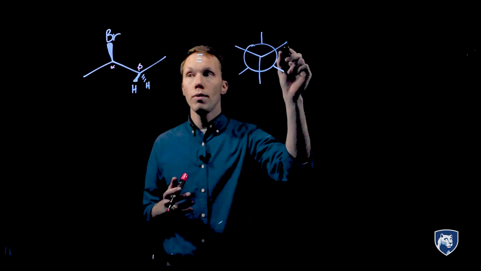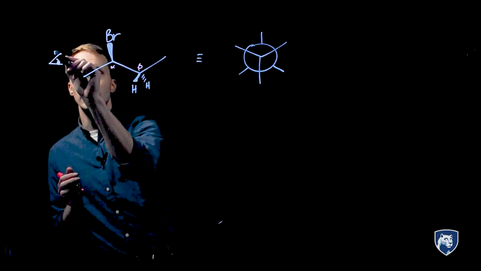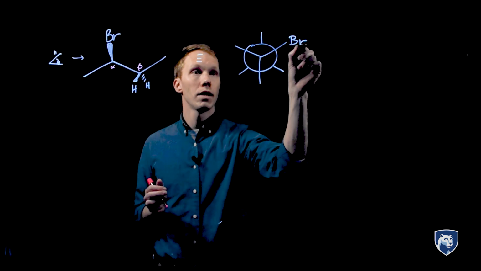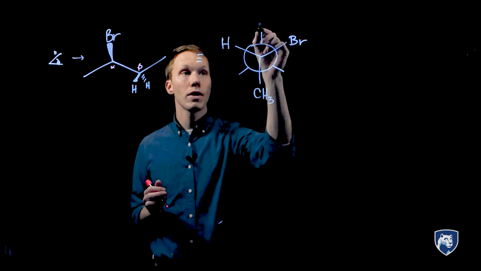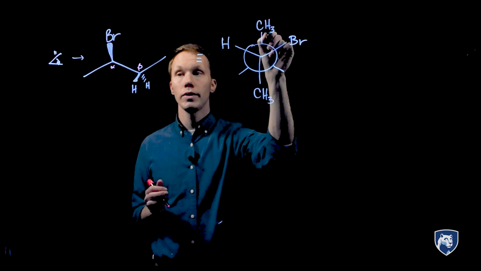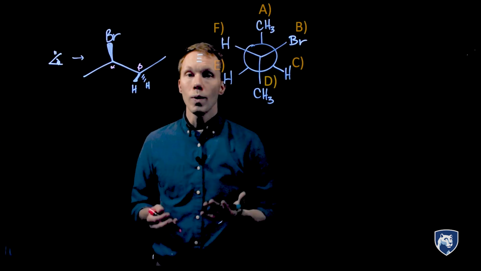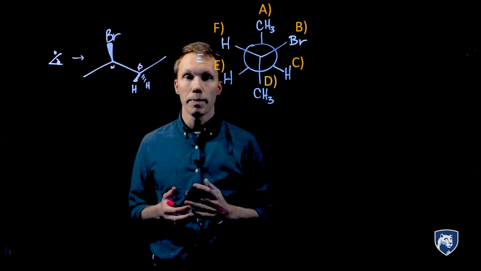We have the bromine. If we look down the bond this way, we would see bromine, hydrogen, and methyl. And in the back, we would have methyl and our two hydrogens. Which group in this Newman projection is anti to my leaving group?